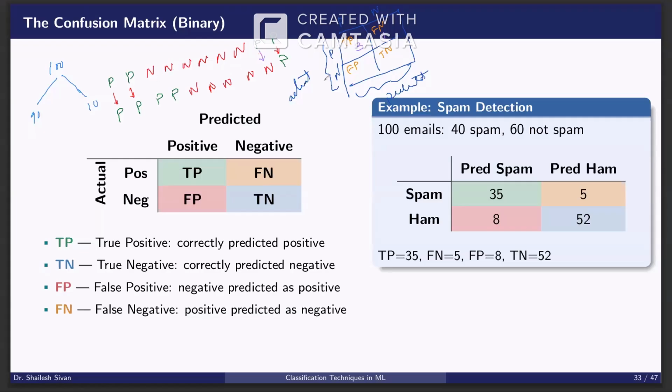How many of the negatives are predicted as positive? 2. How many of the negatives are predicted as negative? 4. And this is what we are calling a confusion matrix. Is that clear? Yes, sir. Clear?